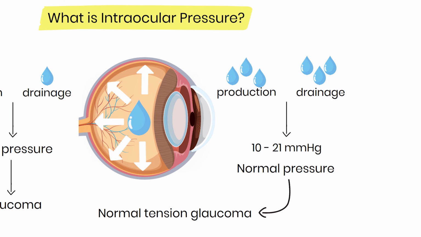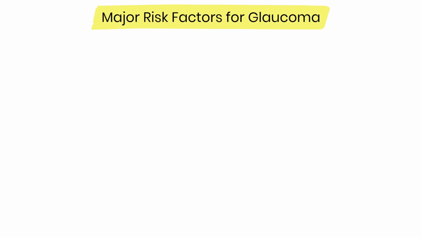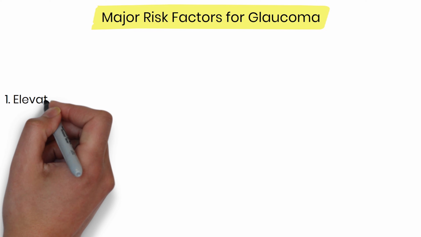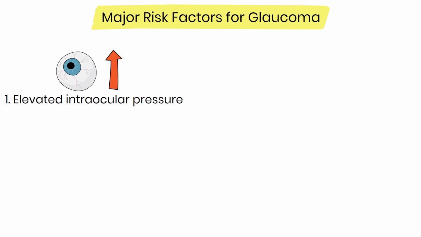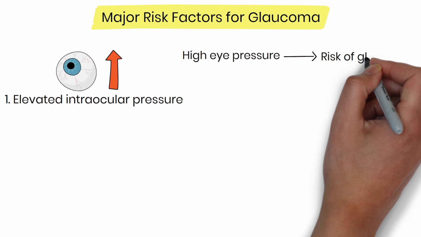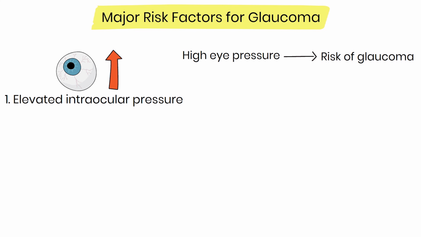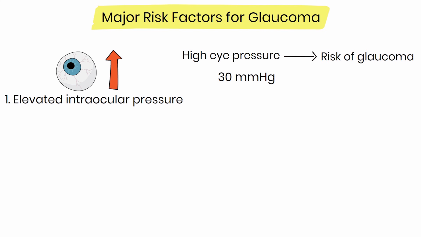The first major risk factor is elevated intraocular pressure. Elevated intraocular pressure is the most important modifiable risk factor for glaucoma, meaning this is something that doctors can actually treat and manage. The higher your eye pressure, the greater your risk of developing glaucoma. For example, if your intraocular pressure reaches 30 millimeters of mercury, your risk of having glaucoma jumps to 25.4%.